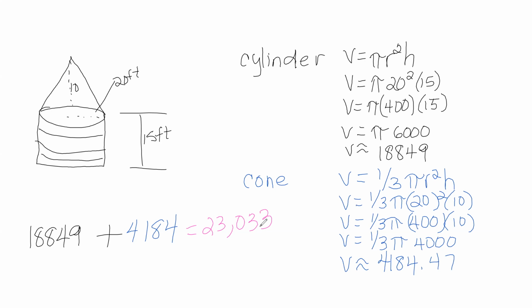Because these are all approximations, we're going to say it's anywhere from 23,033 to like 38. If you got anywhere there, that means you picked out the right two shapes, you picked out the right two formulas for those two shapes, you did the order of operations, and then you added them up correctly.